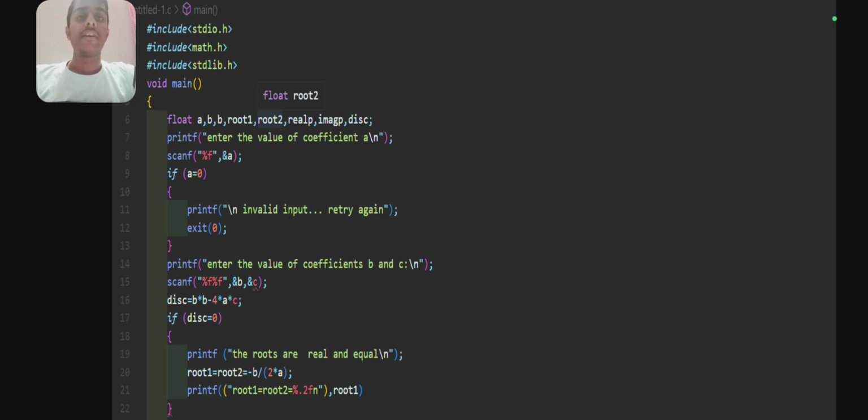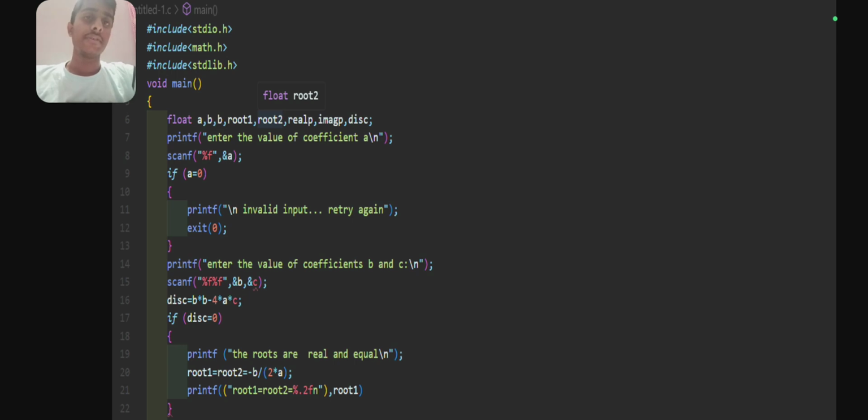Next we print the message to enter the value of coefficient a. Next we use scanf with percent f, since we are using float, and ampersand a.